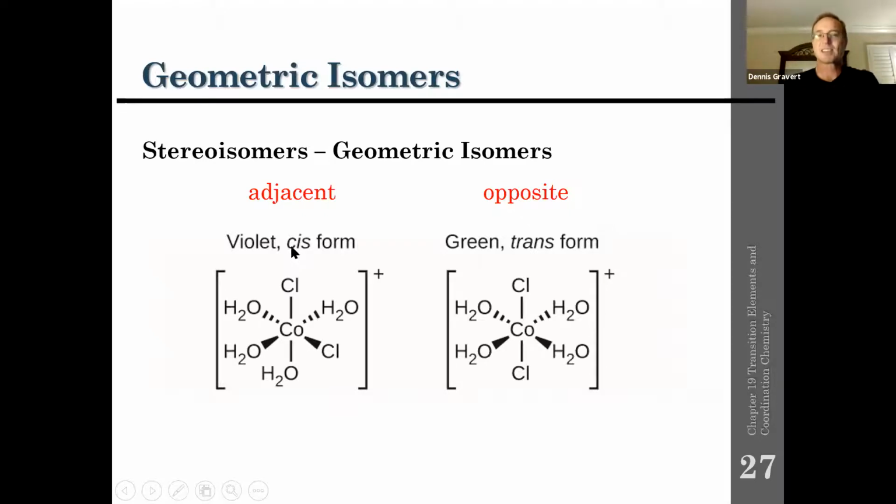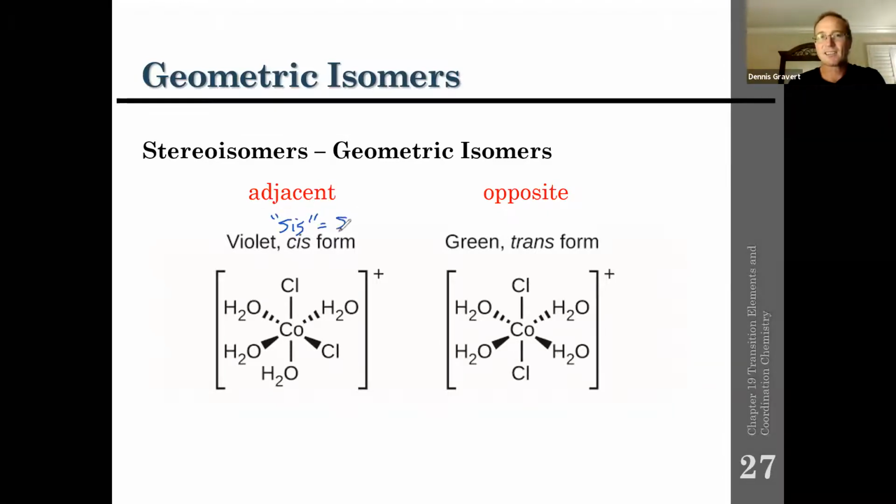Cis sort of looks like short for sister, cis, and I think of it as same side. So the two chlorines are together on this side. The far side doesn't have any chlorines. Whereas trans, like you go transcontinental from one side of the continent to the other.